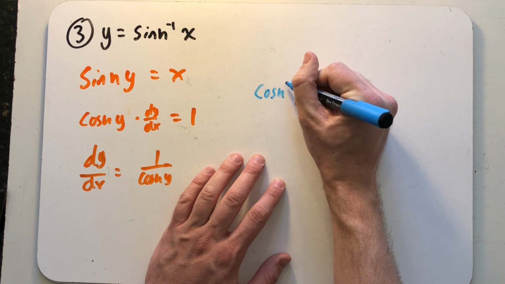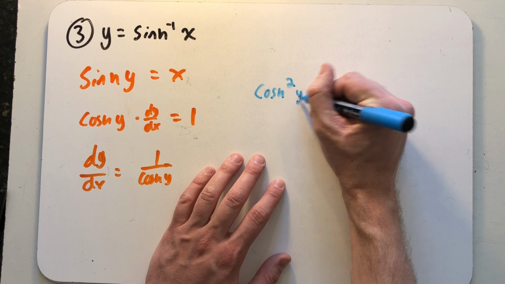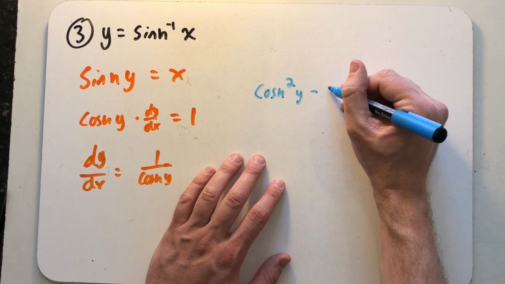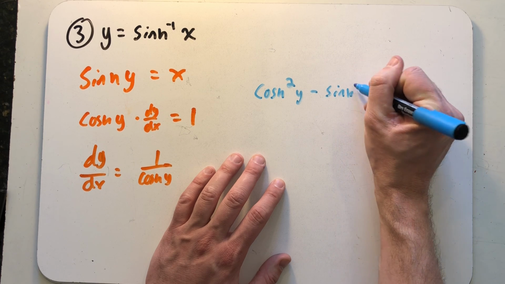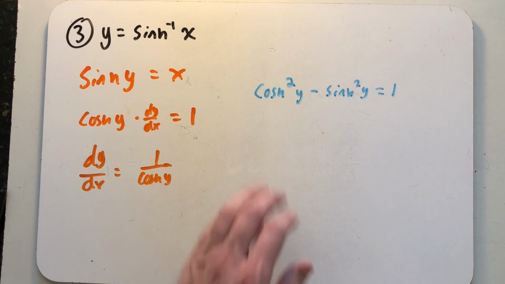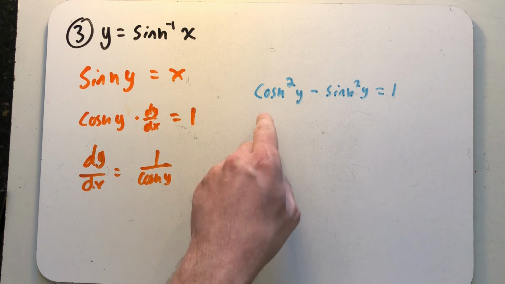Well, I'm going to think about that hyperbolic identity we know, that cosh squared of y minus sinh squared of y would have to equal 1. And I'm going to solve for the cosh part.